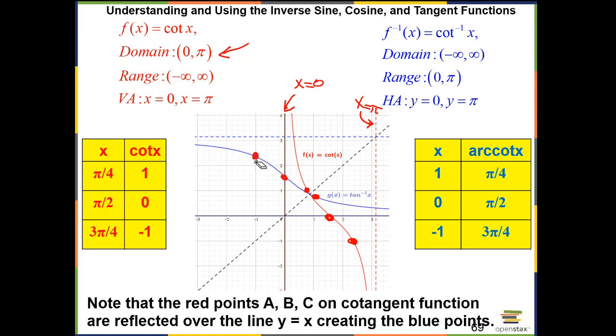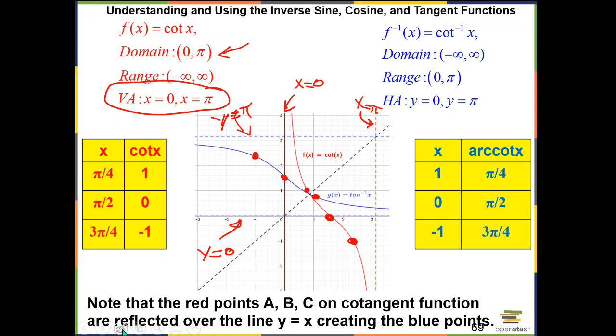And we connect them, and we know this approaches its horizontal asymptote. So these turn into y equals 0 and y equals pi. That's y equals 0, and this one is y equals pi. Right? So that's the graph of cotangent inverse or arc cotangent.